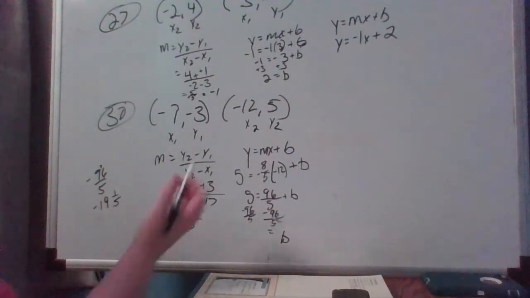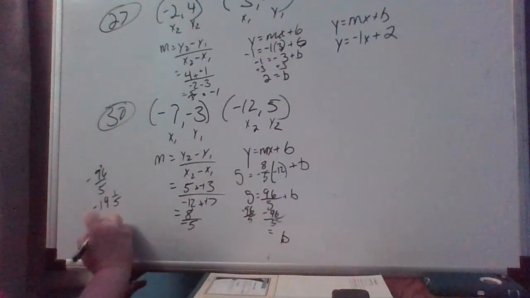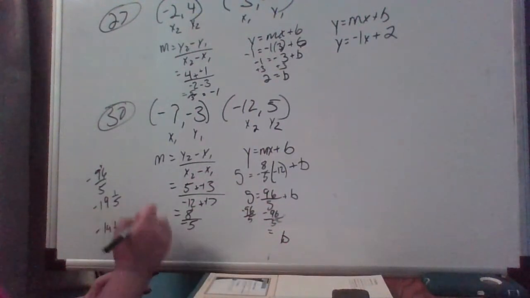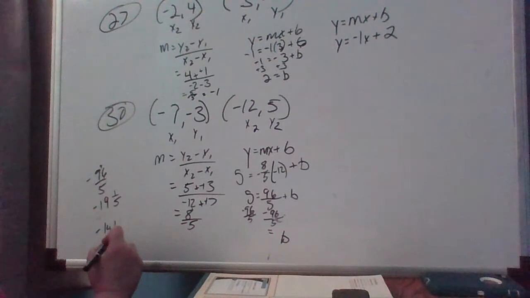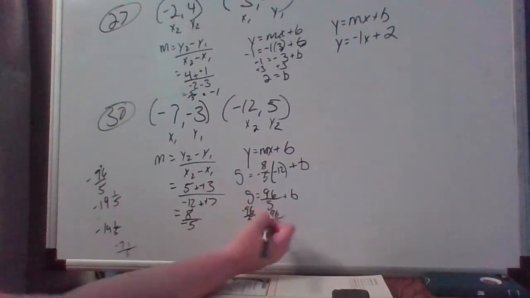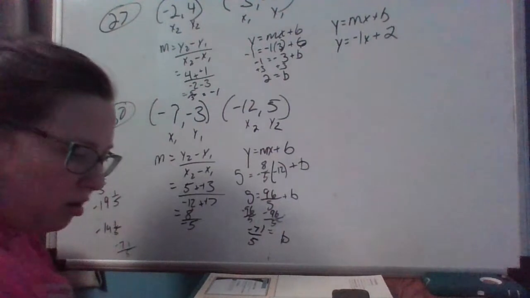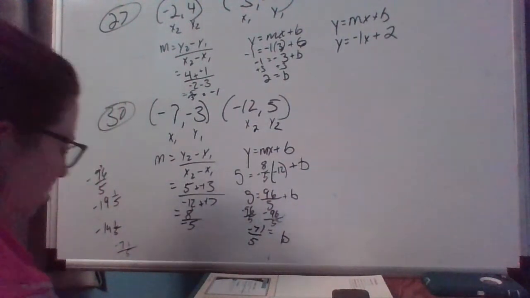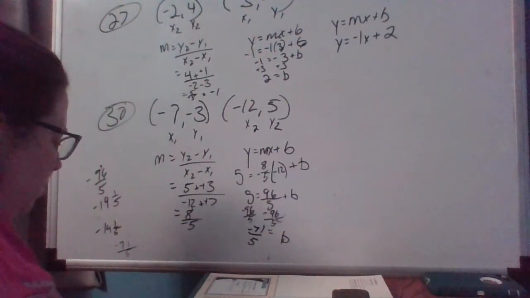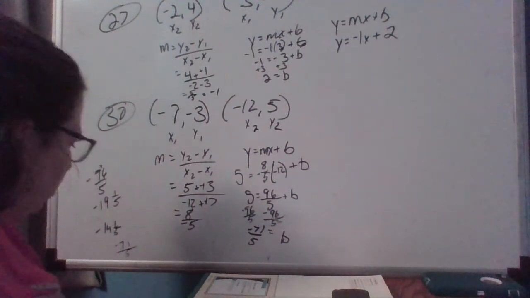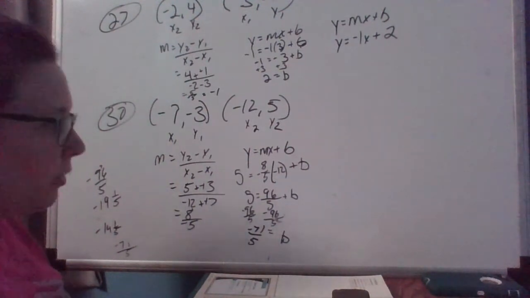So this would be -14 1/5. Which, if I wanted to make that improper, would be -71/5. Negative 71 over 5. Yep.